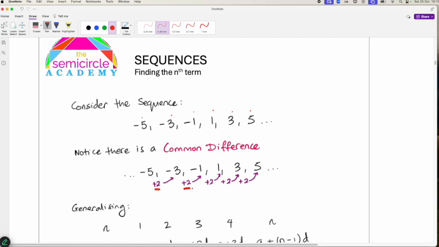Add 2 again, you'll get negative 1. Add 2 again, you'll get 1. Add 2 again, you'll get 3. So there's a common difference from one term to the other, and in this case, the common difference is plus 2.